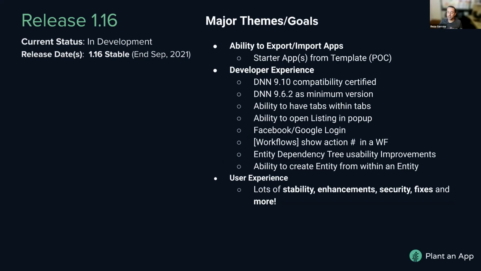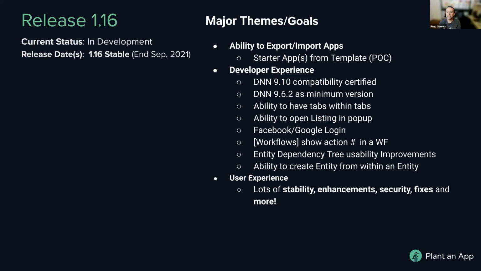In order to get there, the first path we're taking is to have the ability to export and import starter apps. A lot of what goes into doing that is what will be needed for multi-environment. So we took this path so we could deliver some value along the way and learn as we go. We did a lot of work on that in 15.